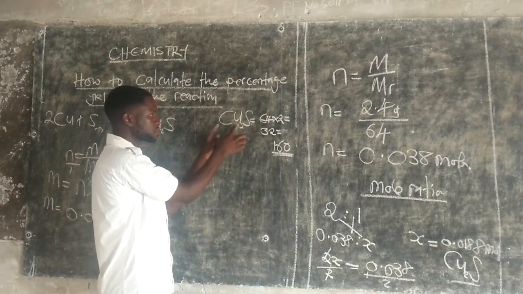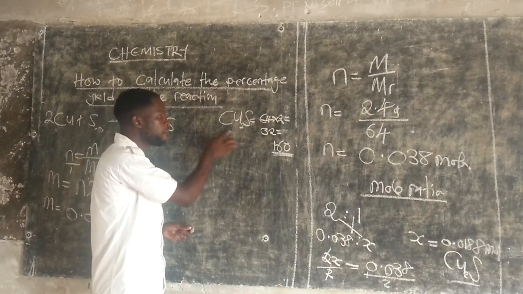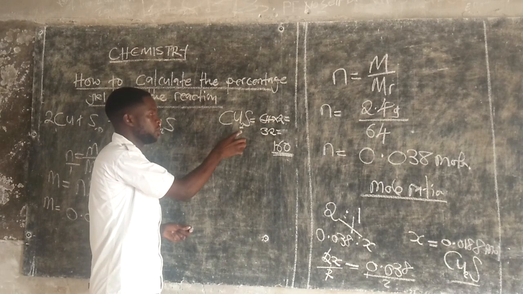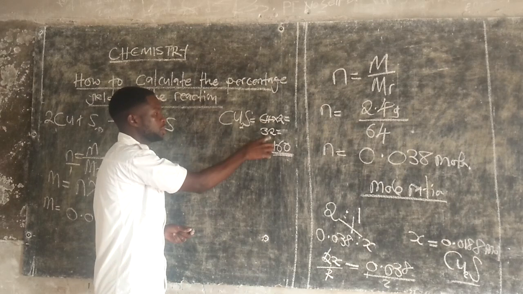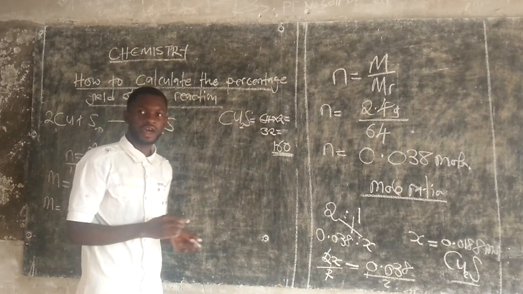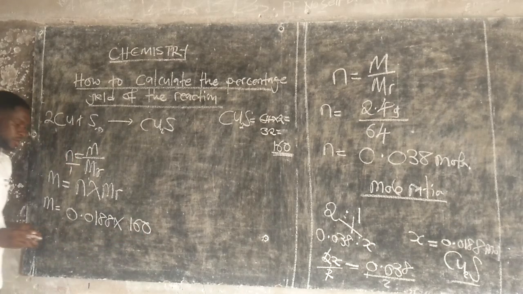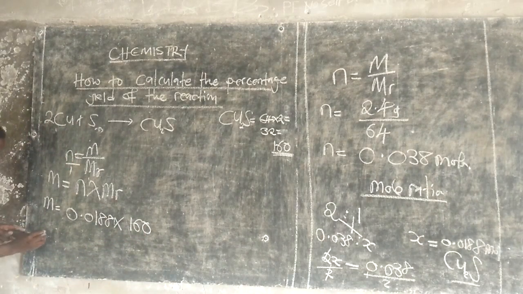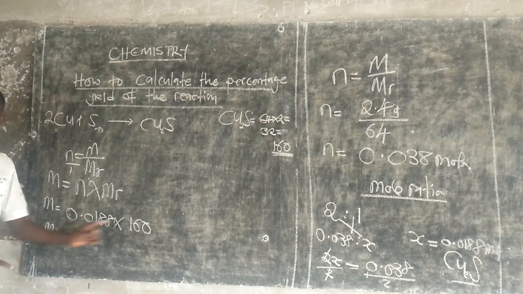Copper we have as 64 as the mass number, multiplied by the number of atoms of copper, which is 2, and then you add the mass number for sulfur, and then we are going to have 160. So now mass is equal to 0.0188 multiplied by 160.